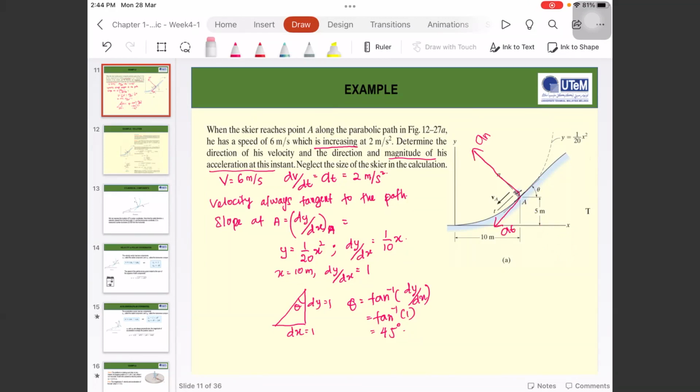What is AN? A tangent, dv over dt kita dah dapat tadi, iaitu 2 meter per second squared. AN is v squared over rho. So v is 6 squared over rho. Rho ni yang kena carinya.